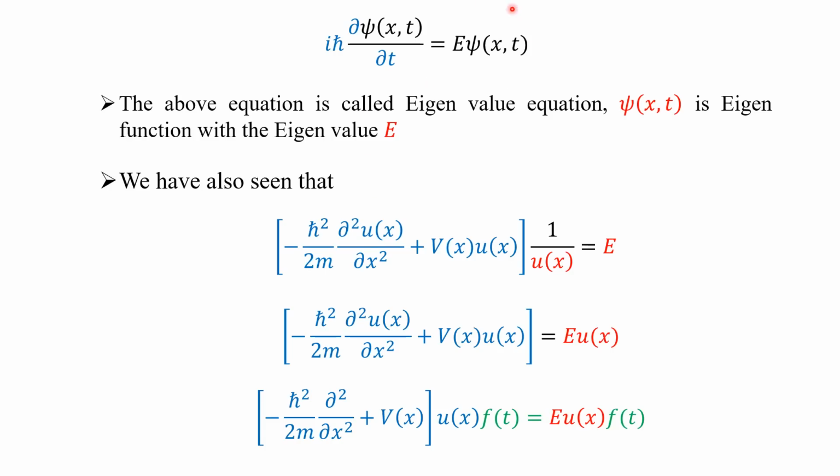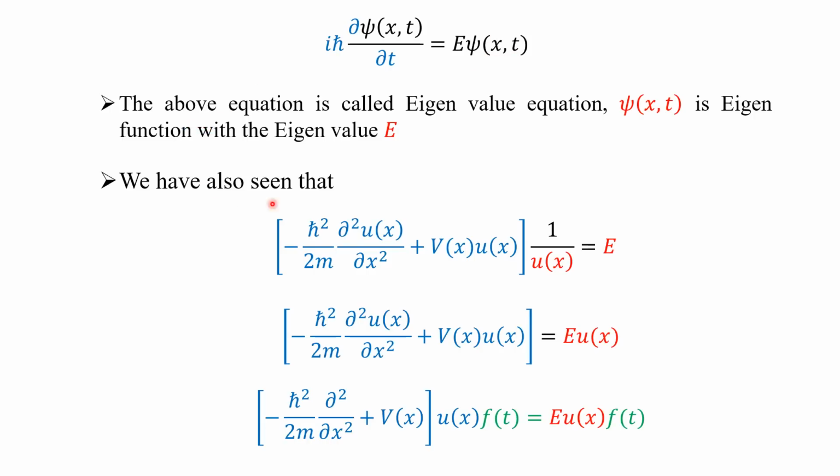Just now we got this expression by considering the left hand side of the equation. The above equation is called an eigenvalue equation. If you operate the energy operator on the wave function, you will get the energy eigenvalue E multiplied by the total wave function, which is a function of x and t.